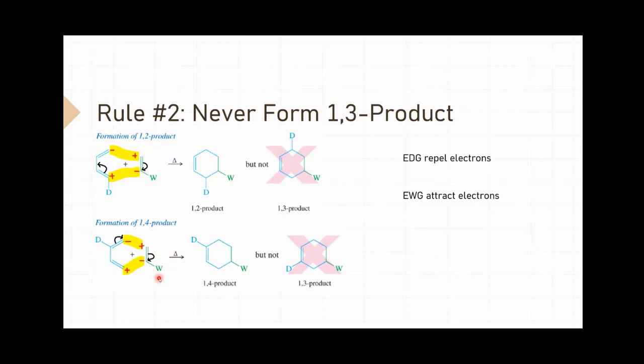Similarly with the 1,4, if I have a donating group here, I'm going to push the electrons away because I'm donating more electrons. So to make room for those electrons, this double bond will have to move over here.